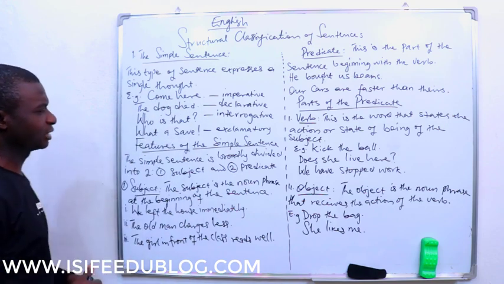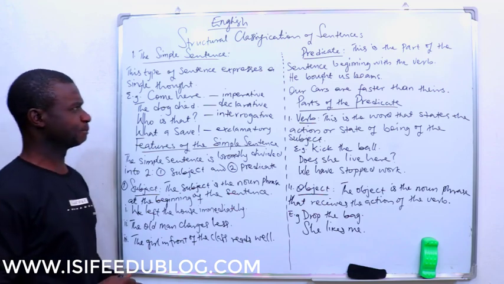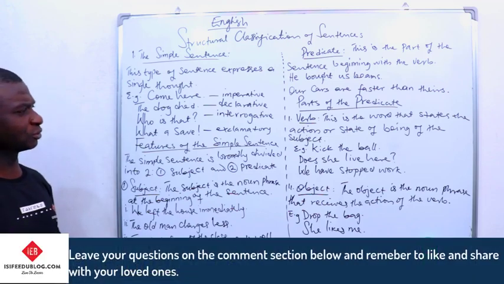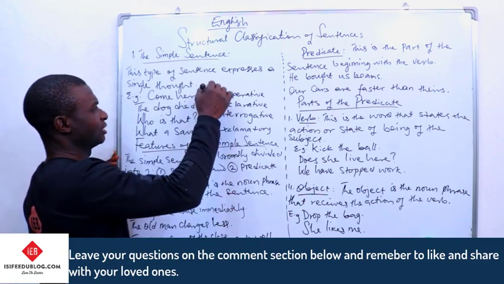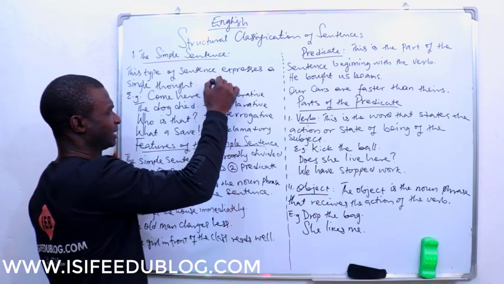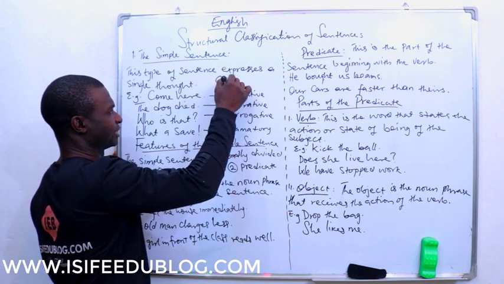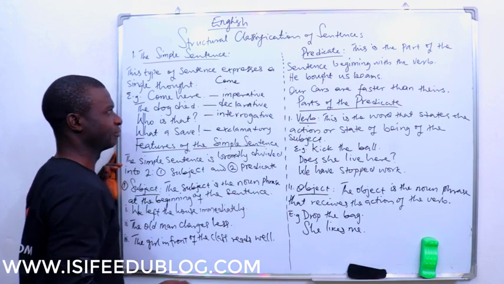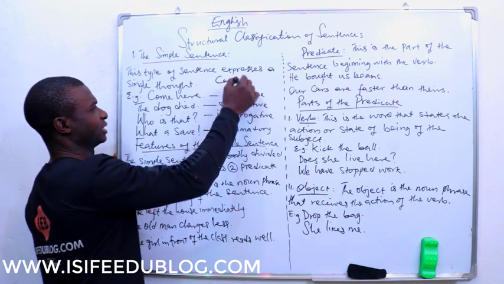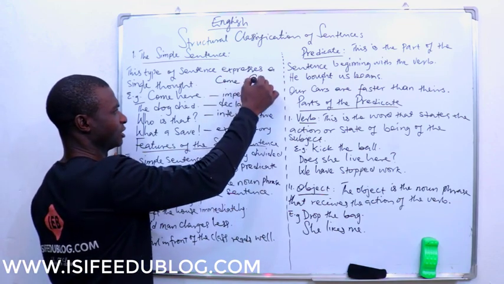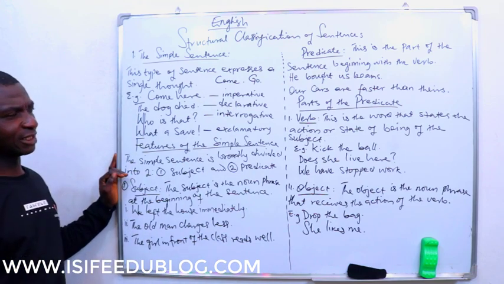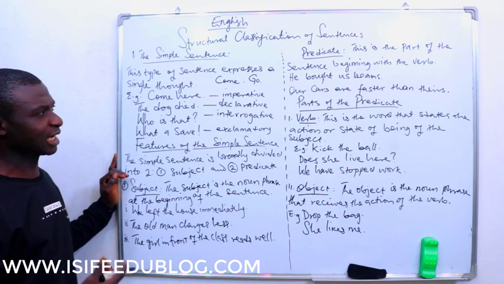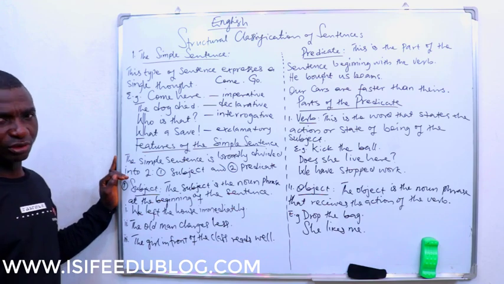Of course, when I taught the functional sentence types, I made mention of the fact that even a single word in action could be a sentence. For instance, come. Come is a sentence. Go is a sentence. It is when you want to specify that you can add an adverb to make either come or go longer.